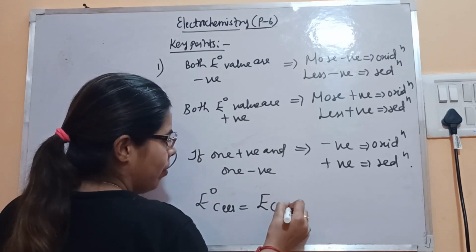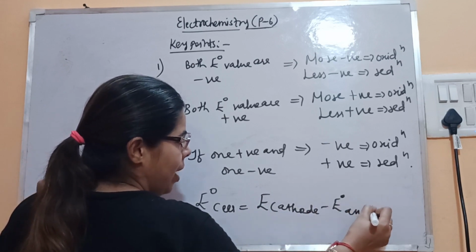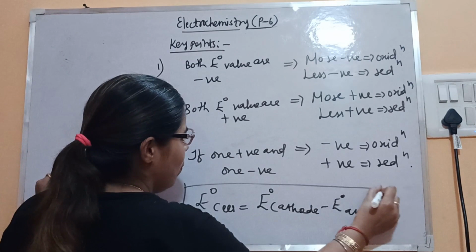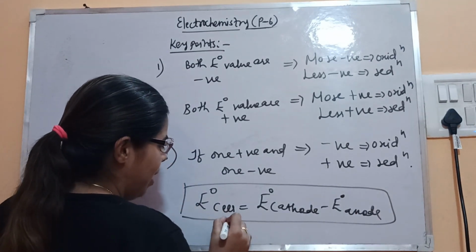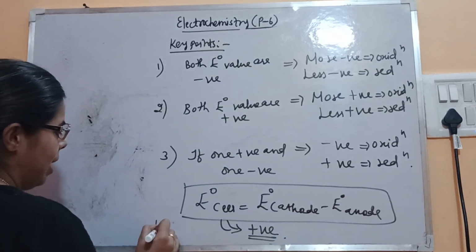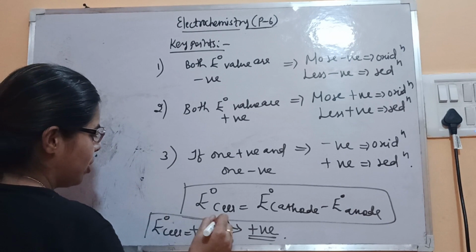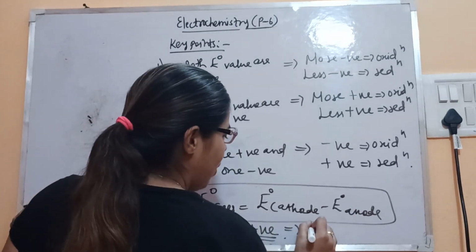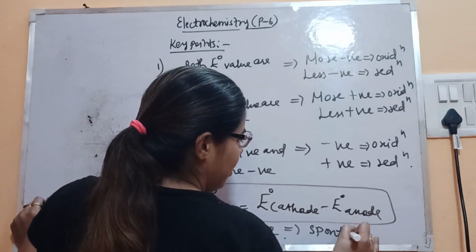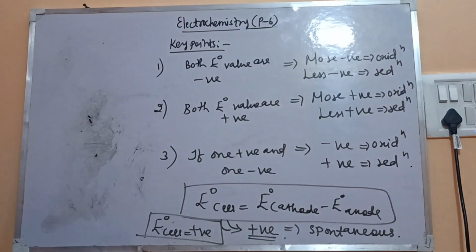E cathode minus E anode, and reduction potentials will be given to you, and this E naught cell comes out to be positive. Okay, E naught cell has to be positive always, then only the reaction will be spontaneous, otherwise it will be non-spontaneous.